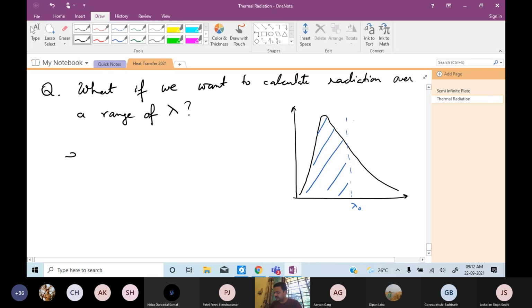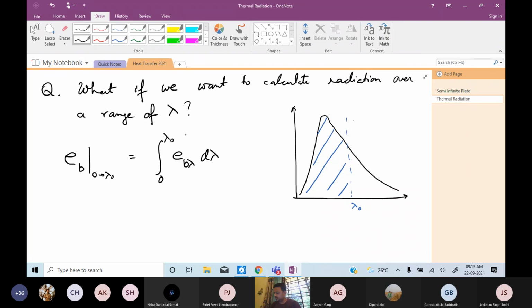So it is obvious that it's not a big deal. If I want E_B from 0 to lambda, I'll have to do the integral from 0 to lambda naught of E_B lambda d lambda.